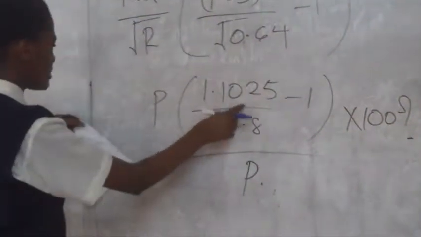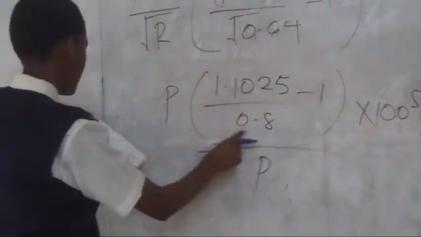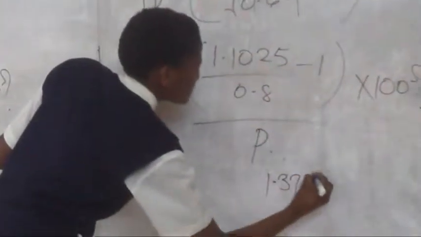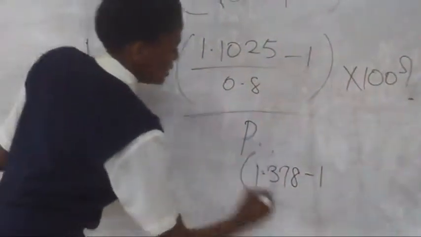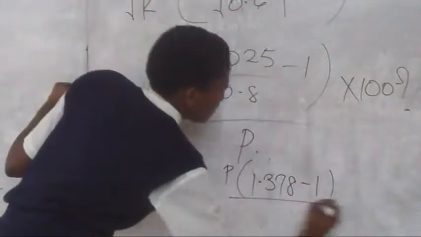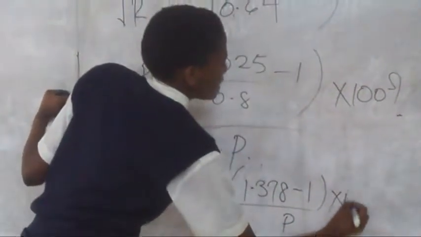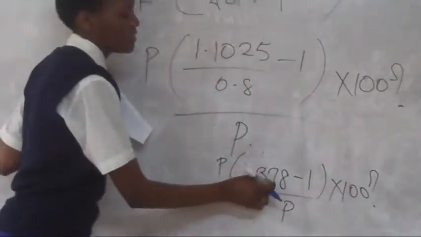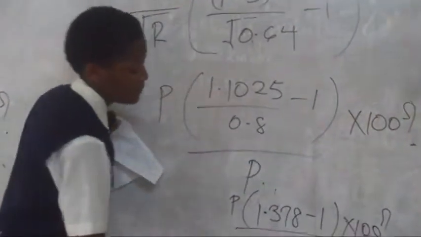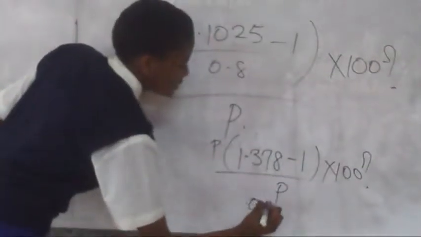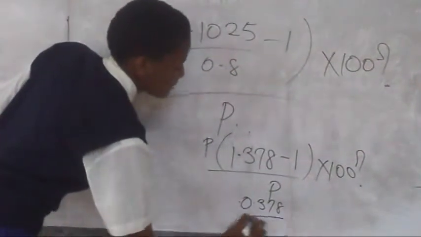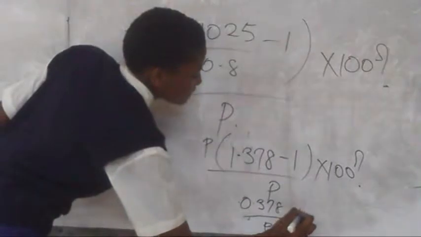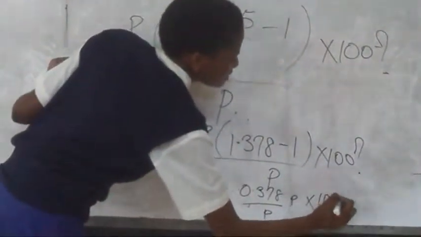When we take 1.1025 divided by 0.8, we'll find 1.378 minus 1, into P, over P, times 100%. So 1.378 minus 1 gives 0.378 over P, times 100%.